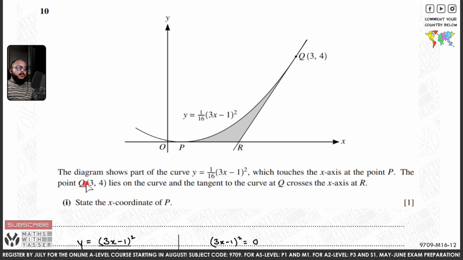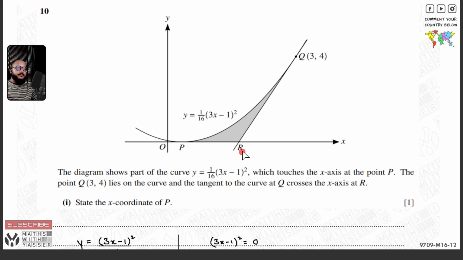The point Q is (3, 4) that lies on the curve, and the tangent to the curve at Q crosses the x-axis at R. Again, we know that the y-coordinate for the point R must be 0 as well.